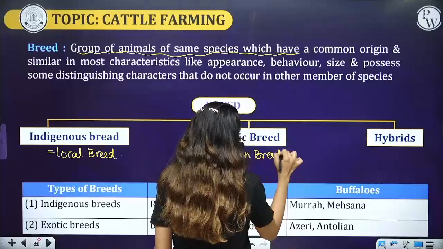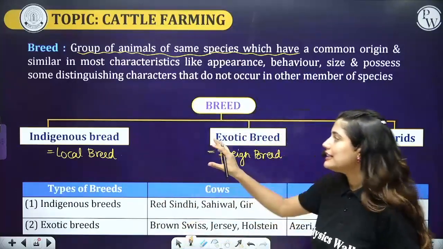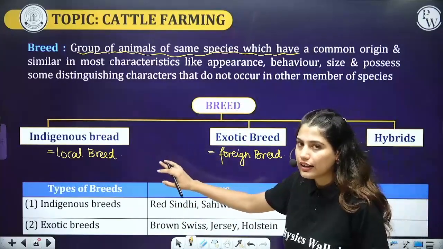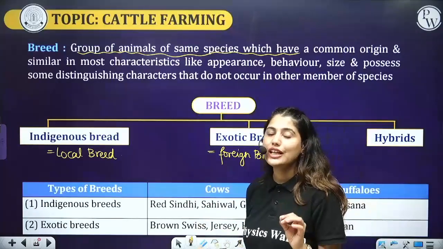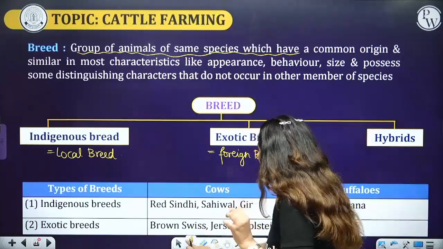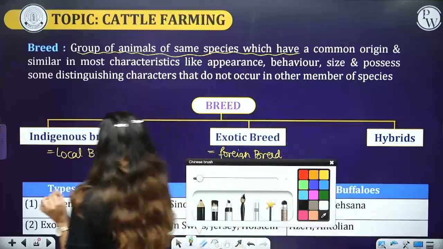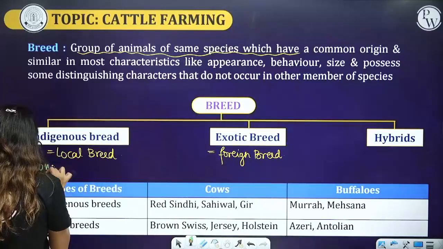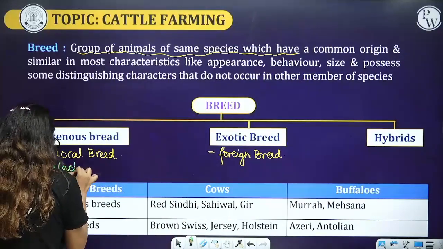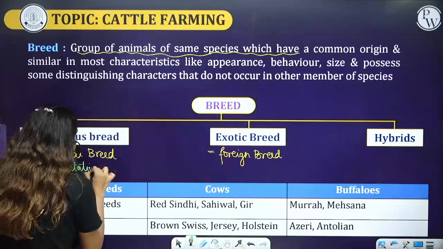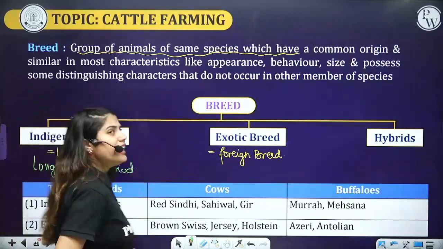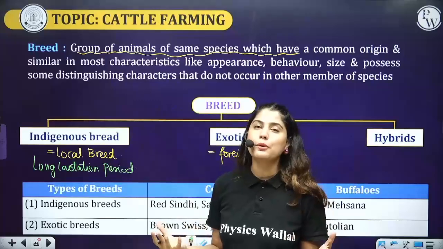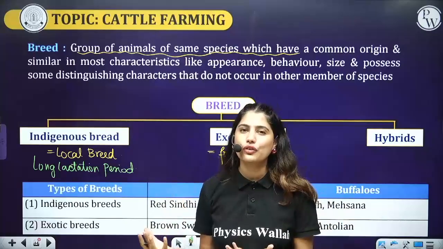Remember, if any cattle is an indigenous breed, it will have a long lactation period. What do we mean by lactation period? It is the duration of milk production after the birth of the calf.